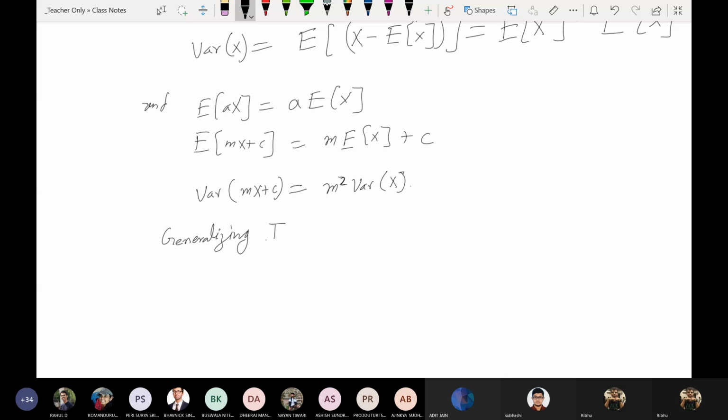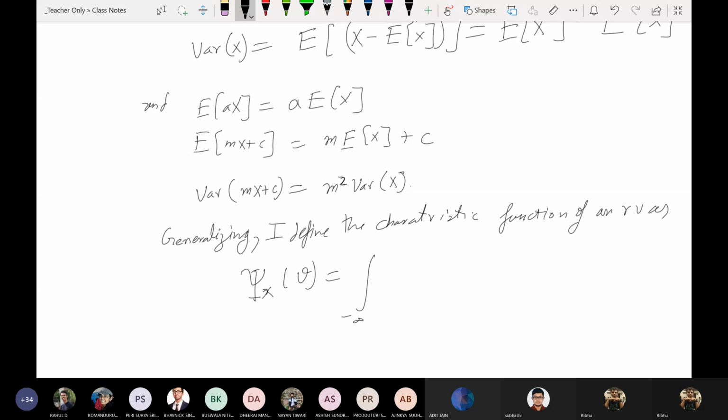And generalizing, say I define the characteristic function of x, psi of x, or rather I should do it like this: expectation of e to the power jvx.